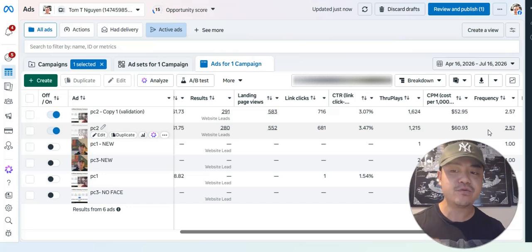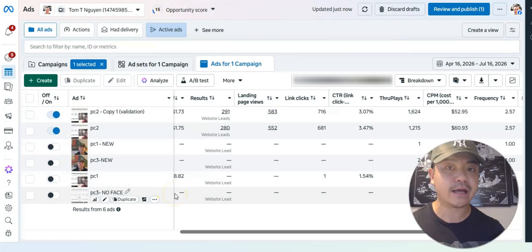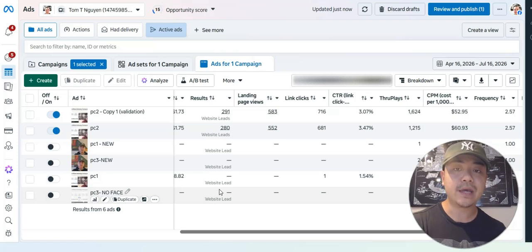And if you pass around, let's say, five, you're going to annoy your audience. So if it's at 5, that's when we create a different angle, a different ad, like a refresher for your audience. And basically you're giving them even more value, so you can help them even further based on what they're looking for.